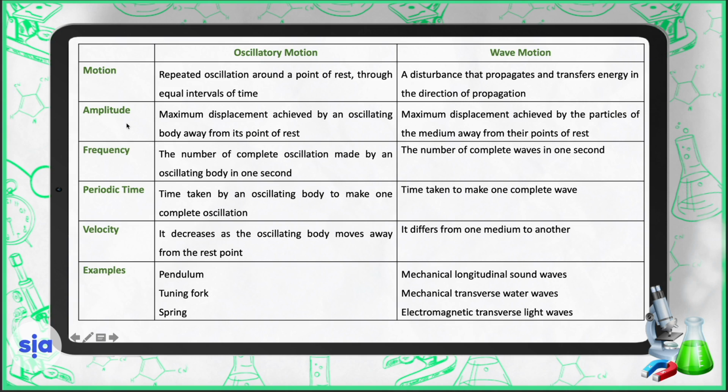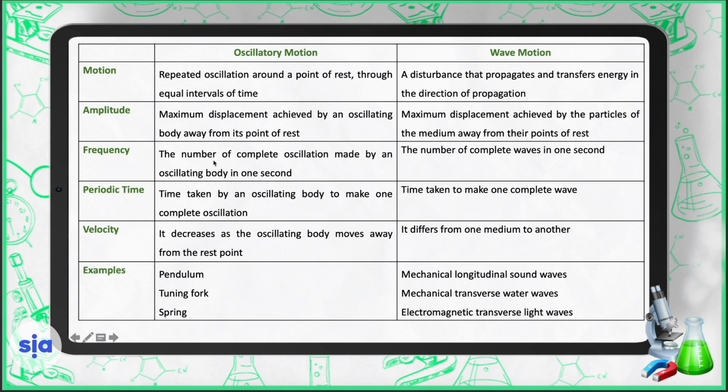Here, the amplitude in oscillatory motion is the maximum displacement achieved by an oscillating body away from its point of rest. Remember the pendulum. In waves, it is the maximum displacement achieved by the particles of the medium away from their points of rest.